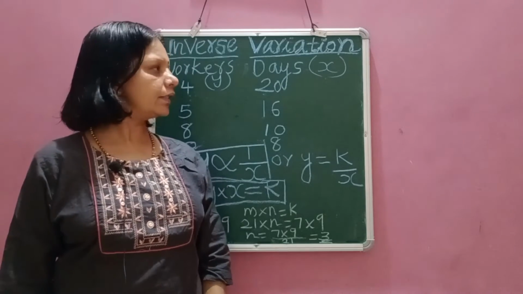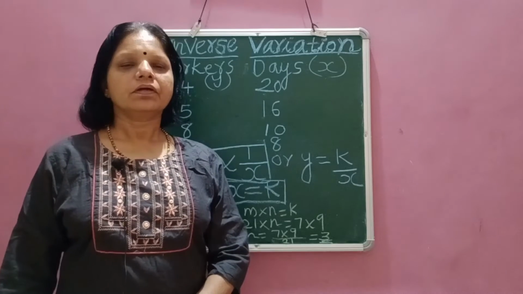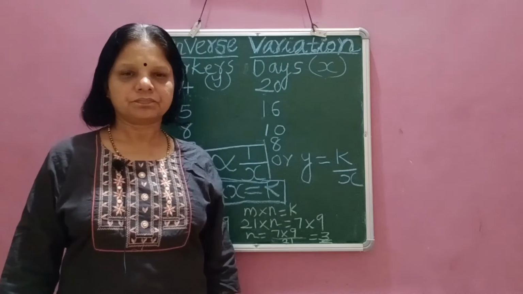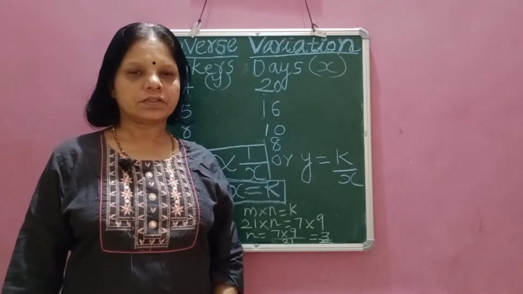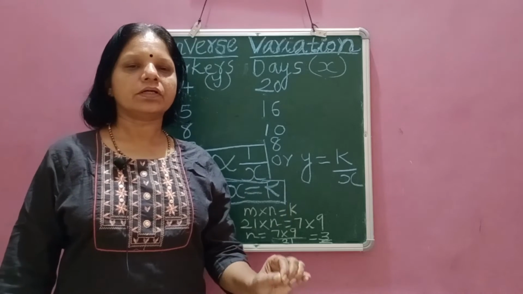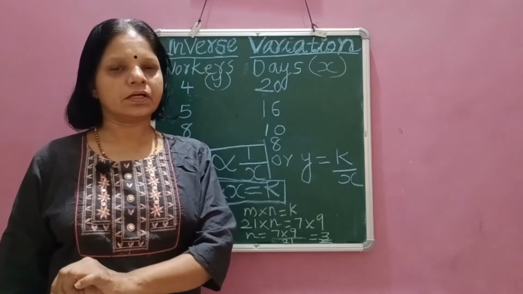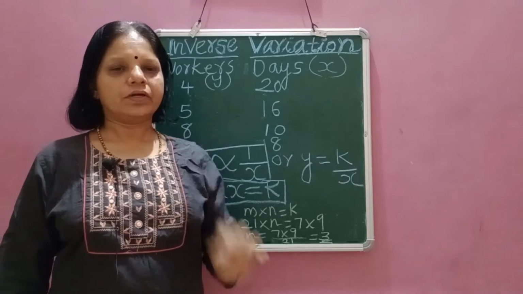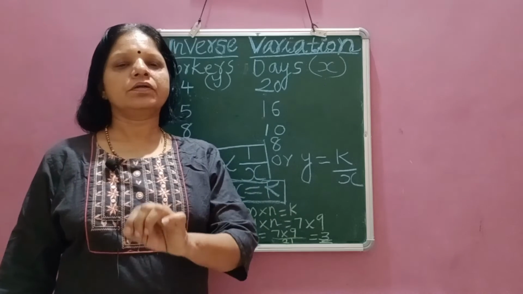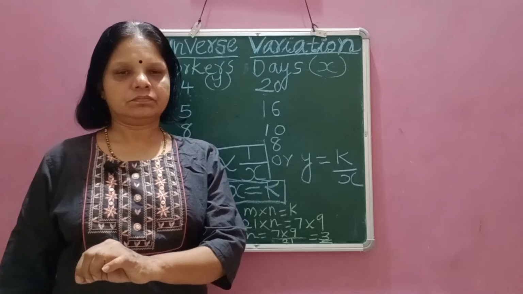So the relation between the quantities speed and time is inverse variation. So what is inverse variation? When one quantity increases, the other quantity decreases. Or when one quantity decreases, the other quantity increases in the same order.